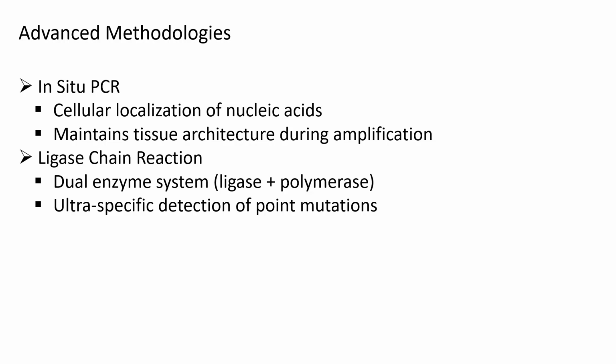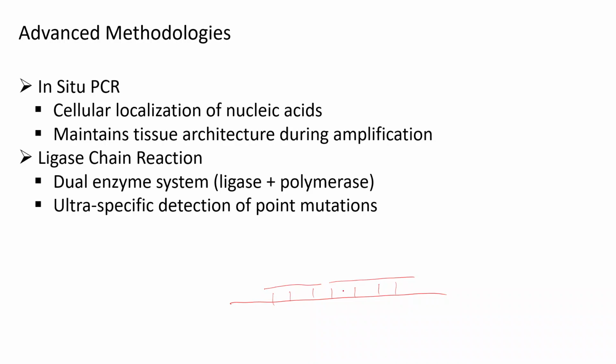So this ligase is something which is very sensitive to mutation. If two strands are coming together, for example you have this sequence here, and you have two primers coming together, this ligase should act here.